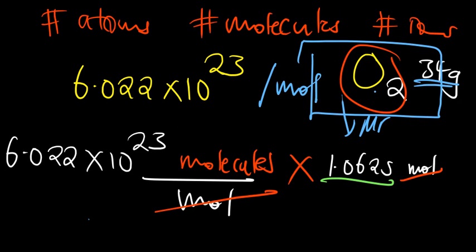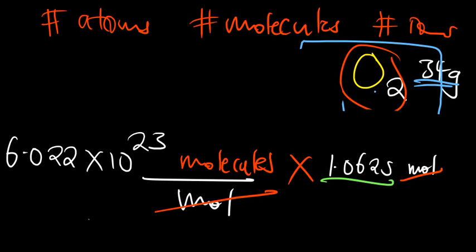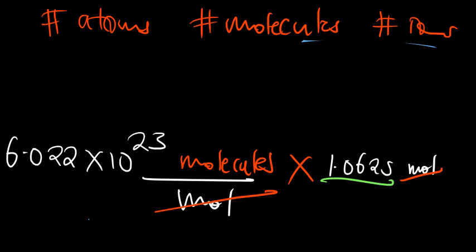So now, number of atoms, you know what an atom is, right? What's an atom? The smallest unit of matter. So when you say O2, 34 grams, how many oxygen atoms are there? 2.